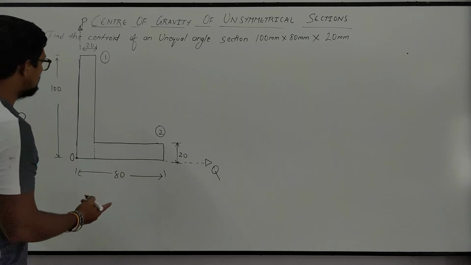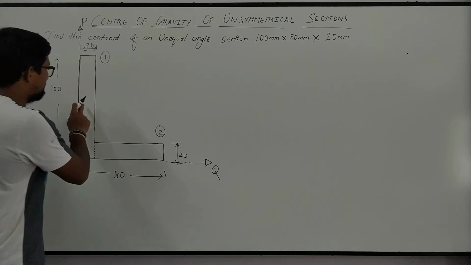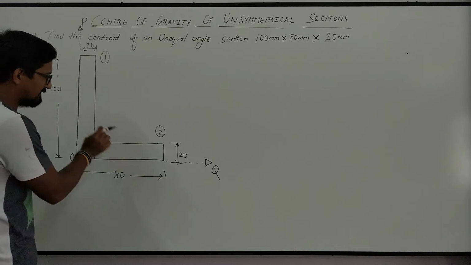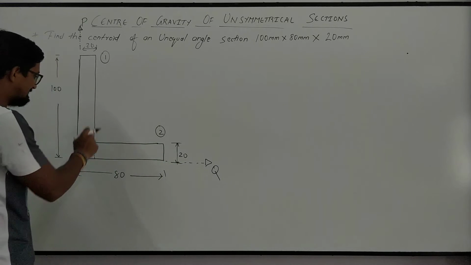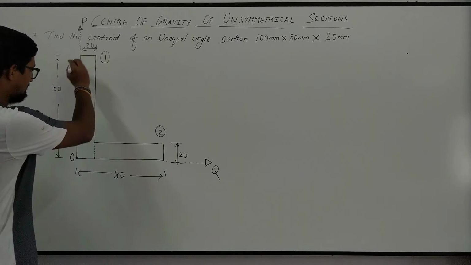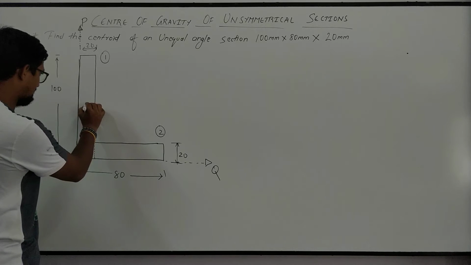Now first we have to locate the CG of the respective rectangles, the respective sections. So this is the first rectangle. The first rectangle's CG will be at the center of this rectangle.